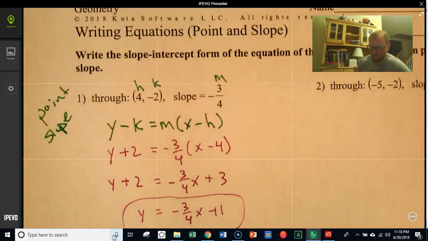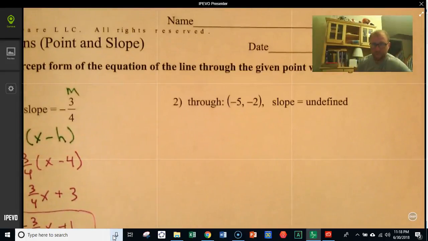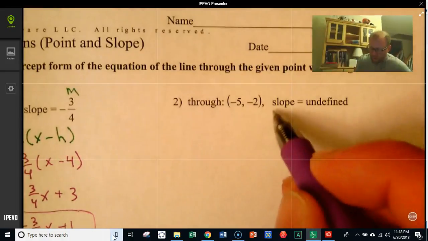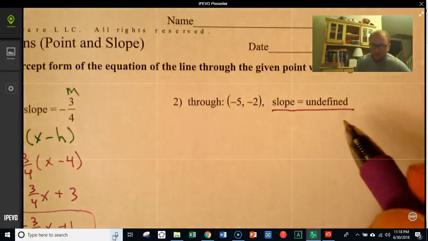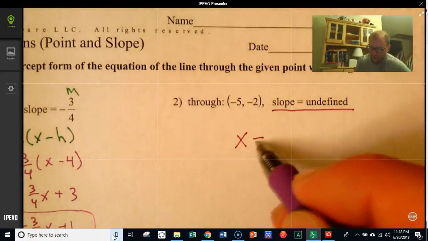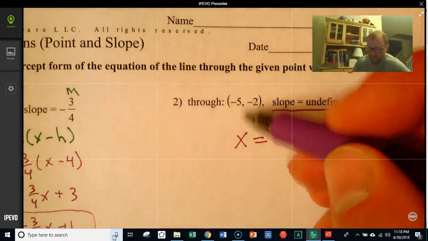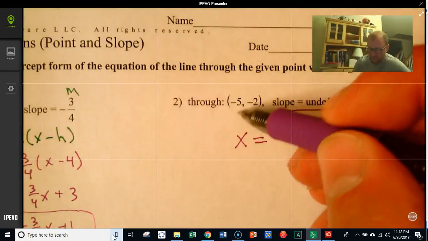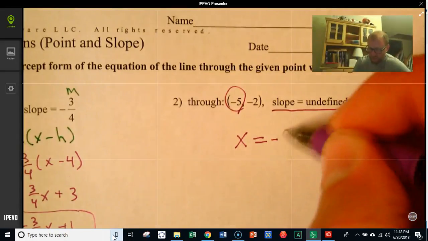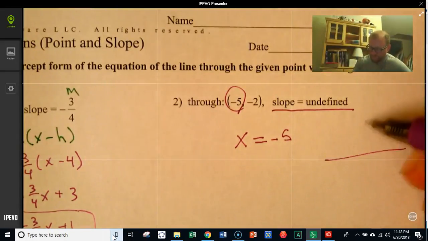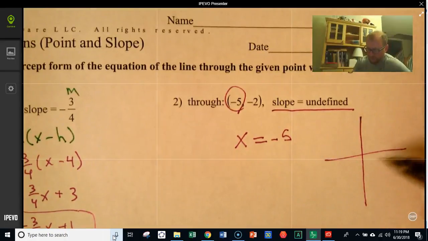You should. Alright. So now, this one's a little bit different. Undefined. If you have an undefined slope, your equation is always going to be x equals something. And the something it's going to be equal to will be the same x as you have here. So it's negative 5. And the reason why, think about this, here's this point, negative 5, negative 2.